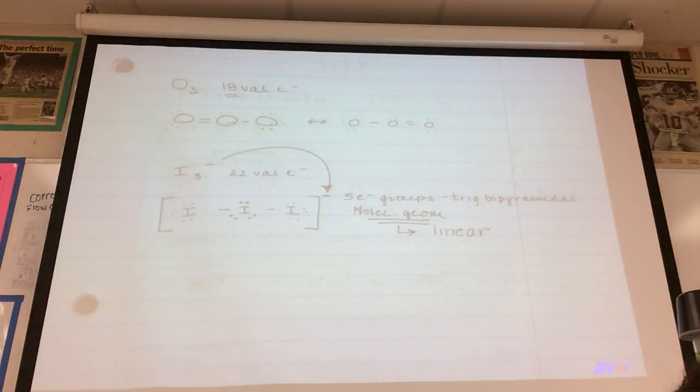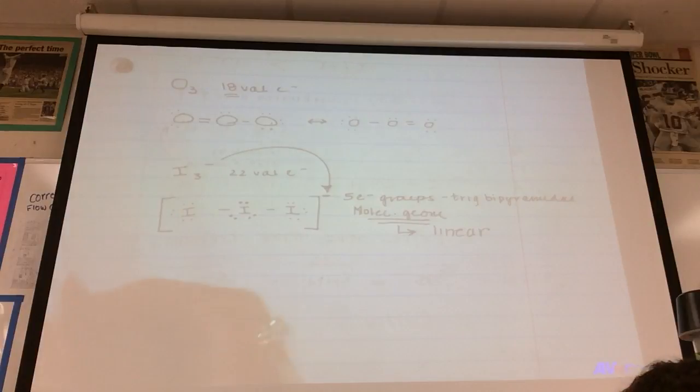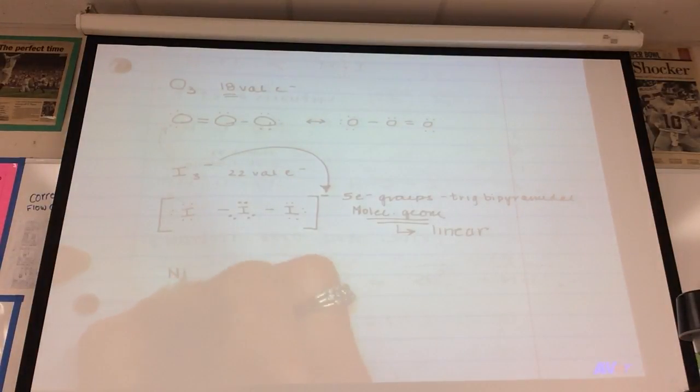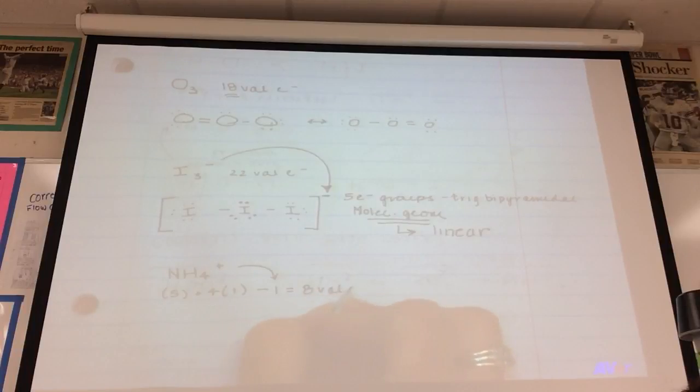And there are several things that we can point out here on this question. If you have ammonium ion, would you only have 4 valence electrons that you're looking for? If you had ammonium ion, you'd have 5 plus 4 times 1 minus 1, because of the positive charge, is 8 valence electrons.